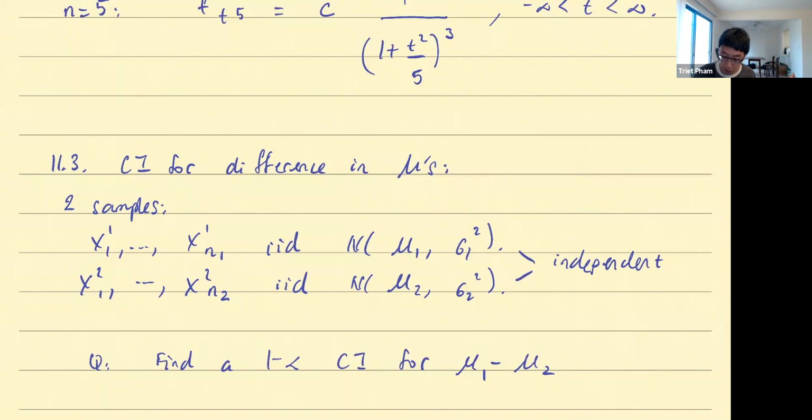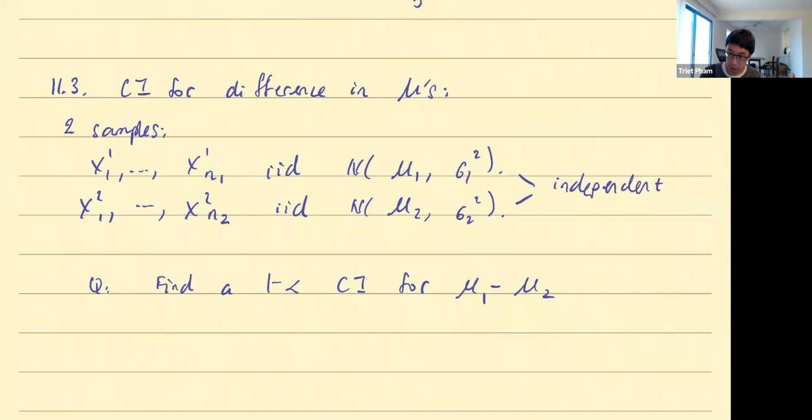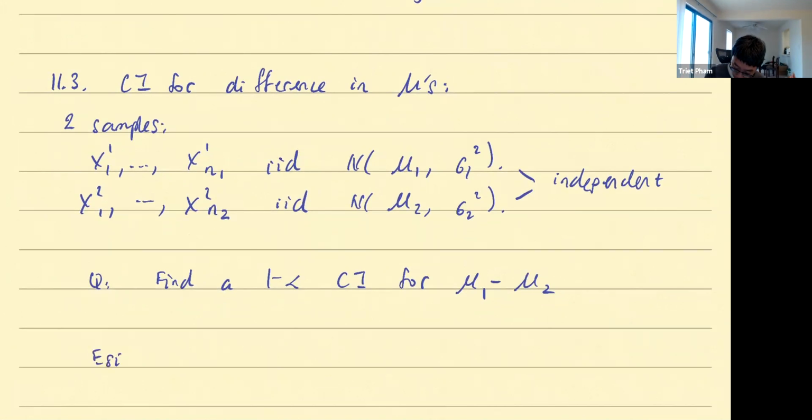So how does the story go? The story goes just the same way as we did before. We start with the estimator. Well, what should this be? This clearly is x bar 1 minus x bar 2.